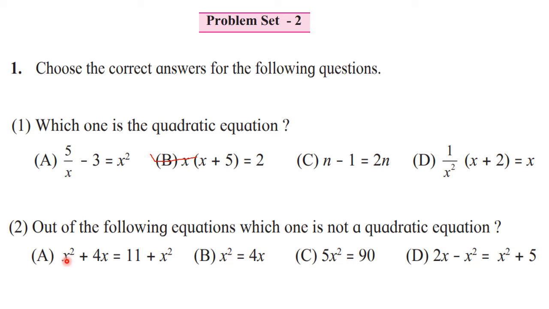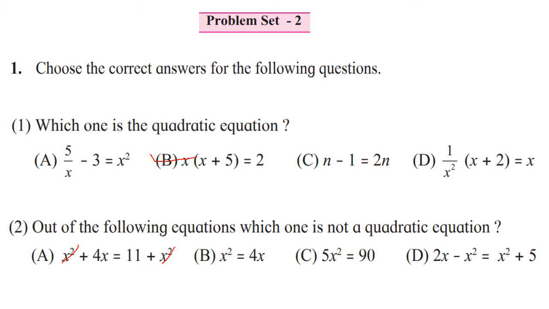See, here x square plus 4x is equal to 11 plus x square. Presently, we can see here that the degree is 2. But see, x square is present on both the sides, so we can cancel it. See, x square and x square will get cancelled. So now it is no more a quadratic equation.